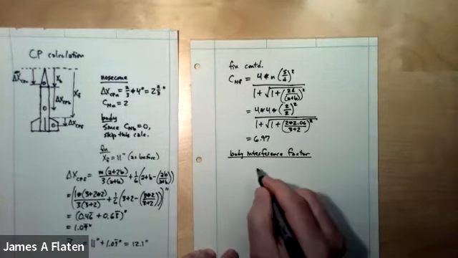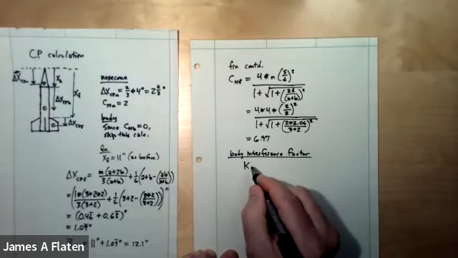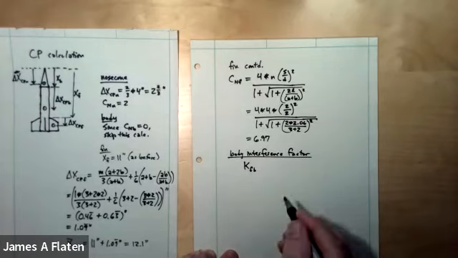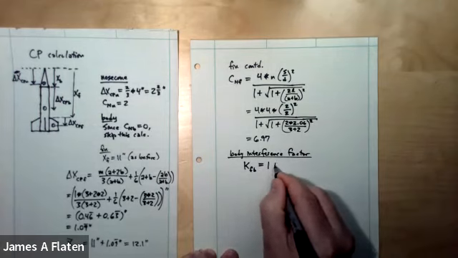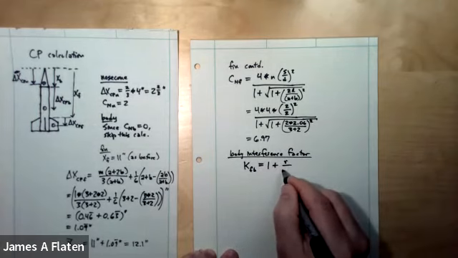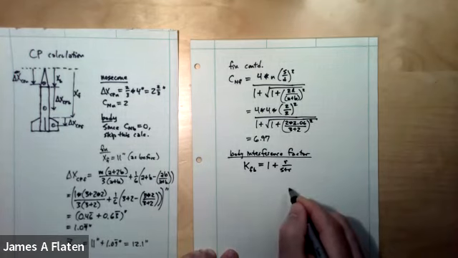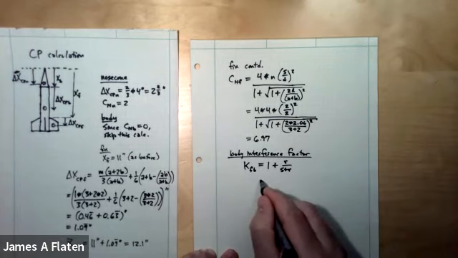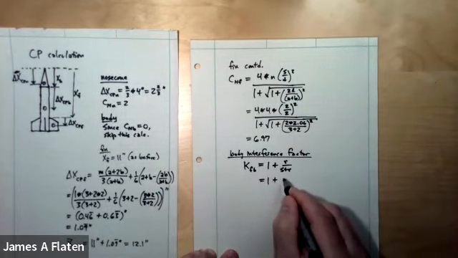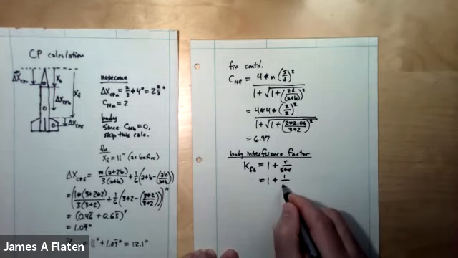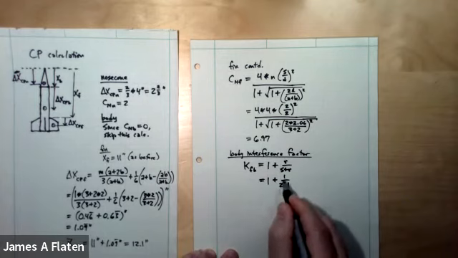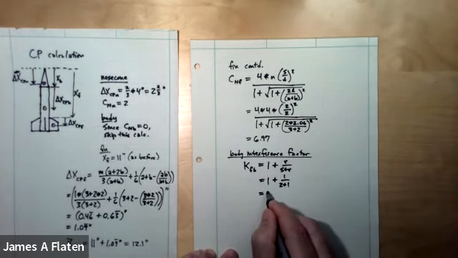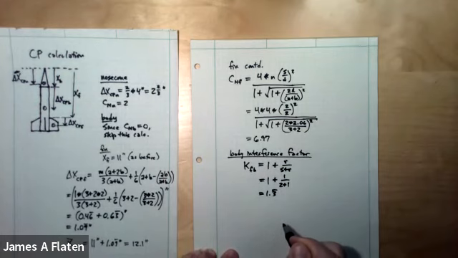The body interference factor K, for the fin and the body as they relate to each other, is defined as 1 plus the radius of the body divided by S plus R. So this is going to be a number greater than 1. 1 plus the radius, in this case 1, over S, which is 2, plus 1. So it's 1 plus 1/3. That just becomes 1.3 with the 3 recurring.